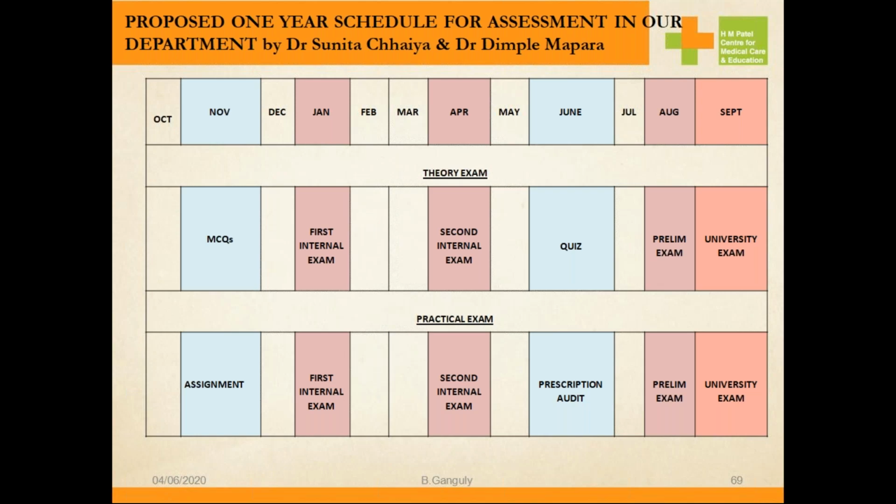In January, the first internal examination, in April, the second internal examination, in June, one quiz, and in August, the prelim examination, because in September they will have the university examination.